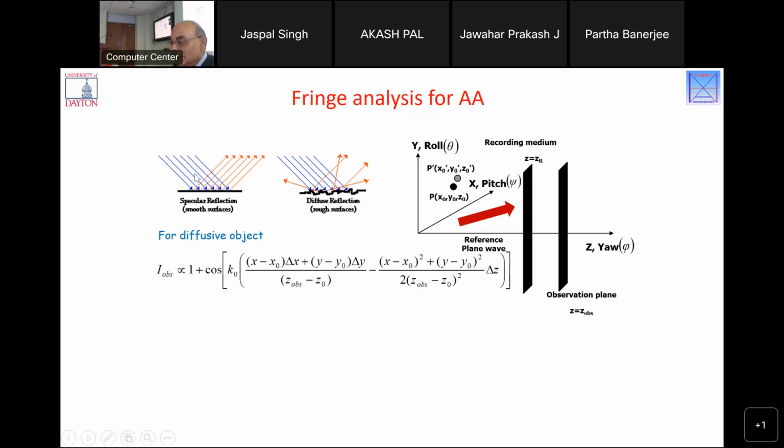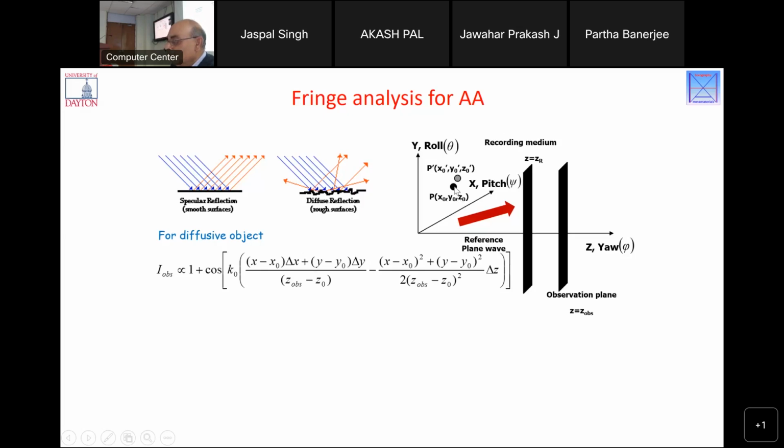It's us. So if you have diffuse reflection, then you can think of the diffuse reflection from the rough surface as radiators from different point sources on the object. Consider one point, like this point P, which has a certain coordinate, x0, y0, and z0.